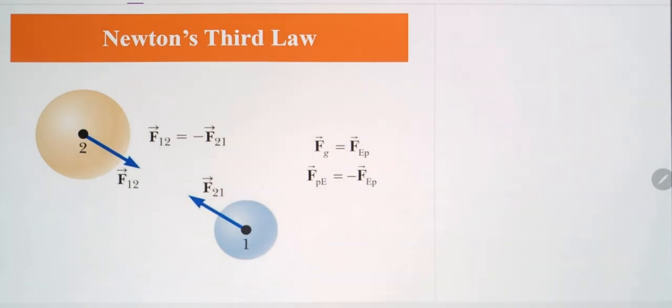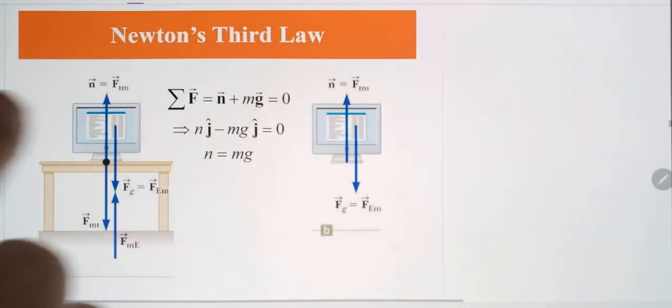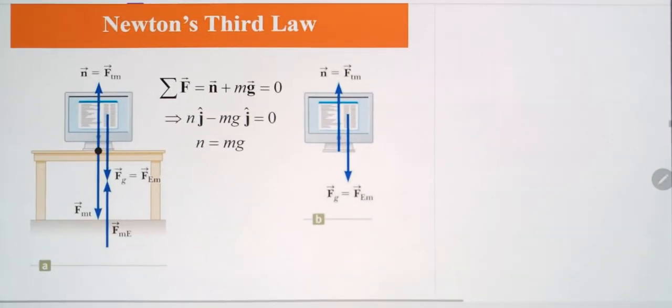Every action has an equal and opposite reaction. That means if Earth pulls an object, the object pulls Earth. Same magnitude, opposite direction.